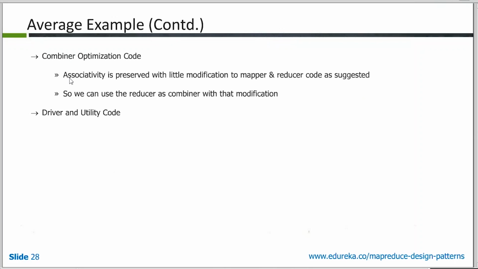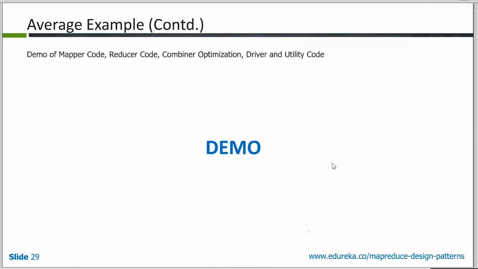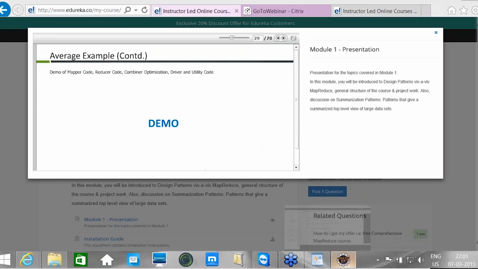This is the creation of a composite object in a slightly different way, in which you put a count and an average. Just by doing this and manipulating the way you were calculating the averages, we are able to use the same reducer as the combiner.